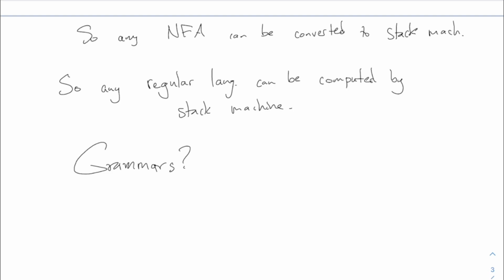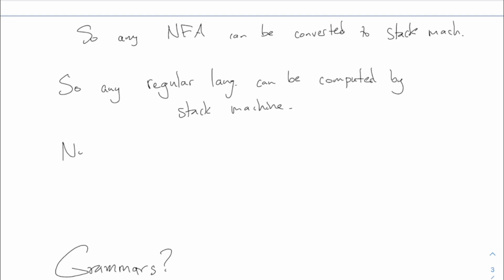Oh, sorry. Can I just say one more thing? I think I said something like this, but just to make it explicit: not every stack machine can be converted to an NFA.